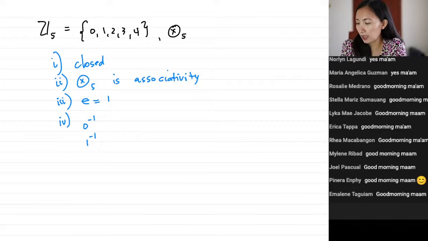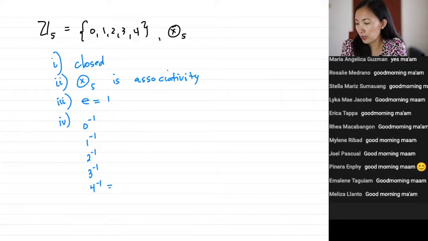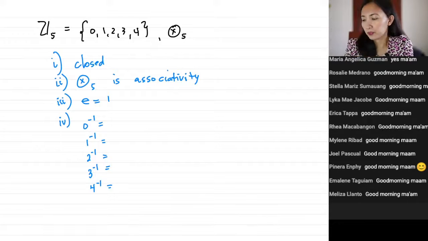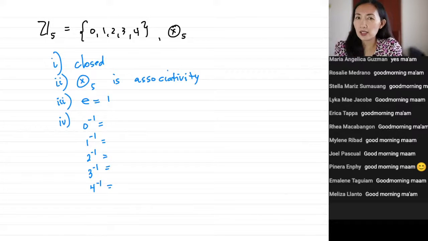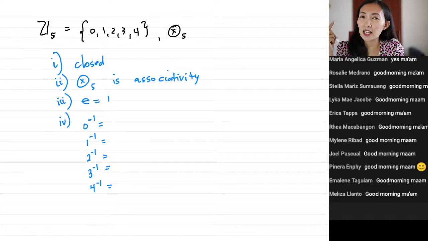Of 2? Of 3? Of 4? Again, what did we say about inverse? When we say inverse, that which when multiplied to a certain element of G results to the identity element. So bear in mind that the identity element here is 1.